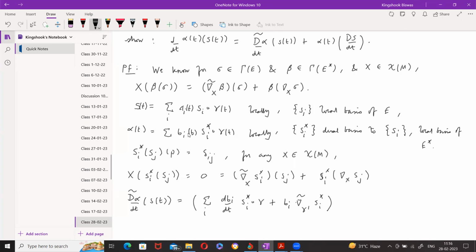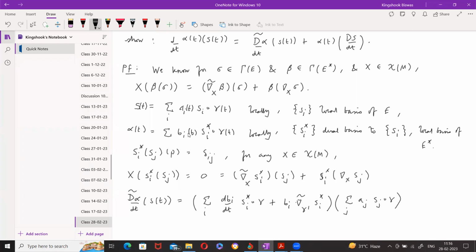Yeah. And this I'm applying to S of t. S of t is the sum over j, aj, Sj composed with gamma. Is this clear?